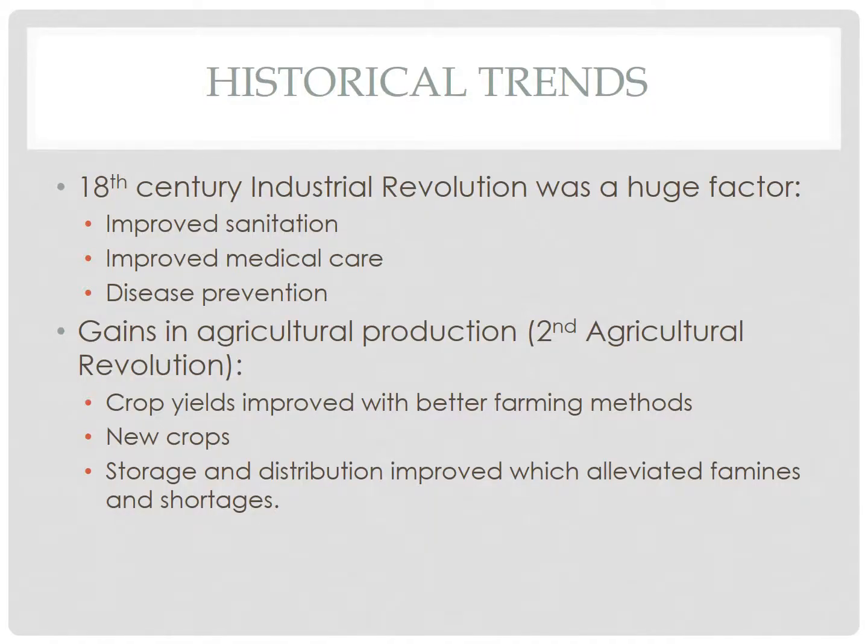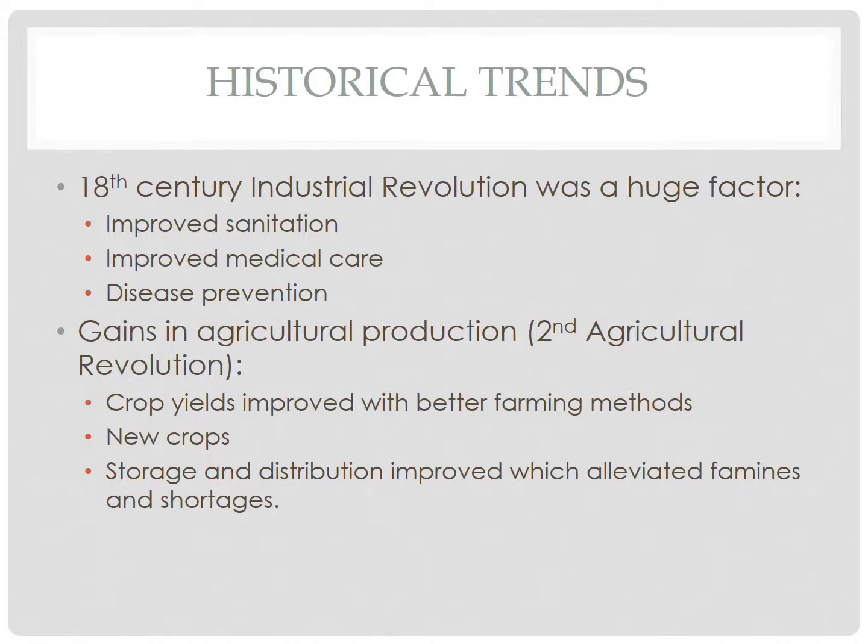So what's influencing some of these beliefs that Thomas Malthus has? Well, there's two major events that we have to talk about. The first is the Industrial Revolution. Mid-1700s into the 1800s, you've got the Industrial Revolution, and that's improving sanitation, it's improving medical care, it's preventing disease through things like the smallpox vaccine, and really what that's doing is meaning that fewer people are dying from preventable diseases.